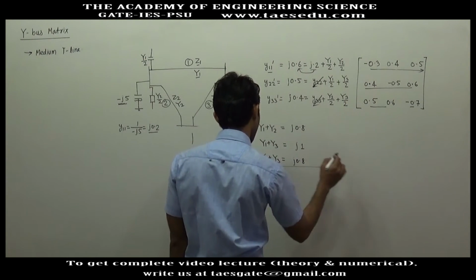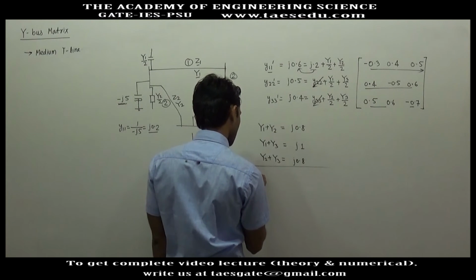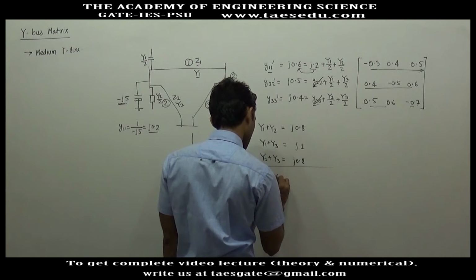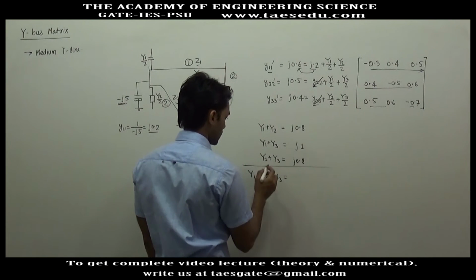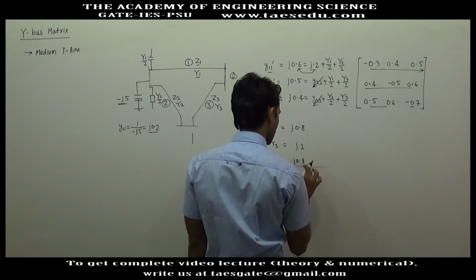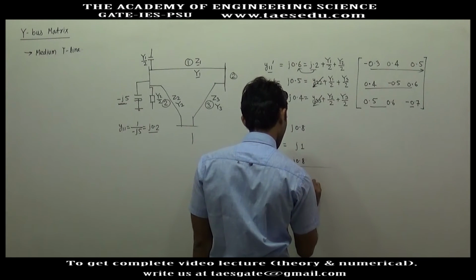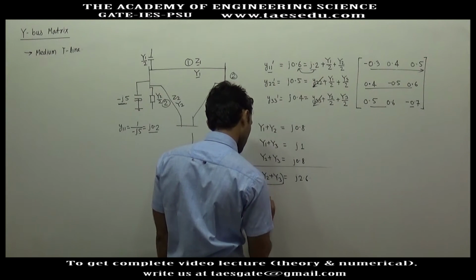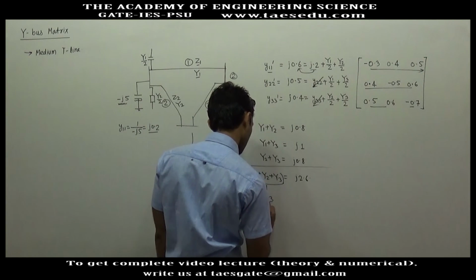If you add all these three, you will get 2 into y1 plus y2 plus y3 as j 2.6. So this quantity will be j 1.3.